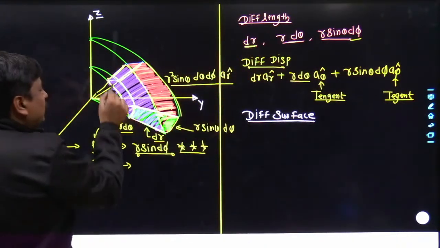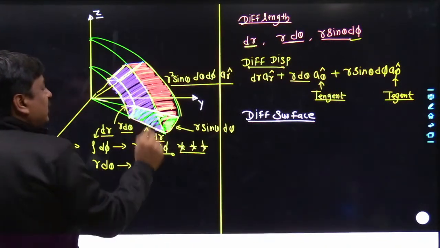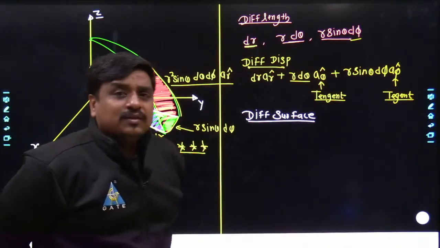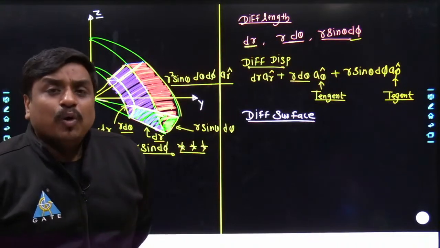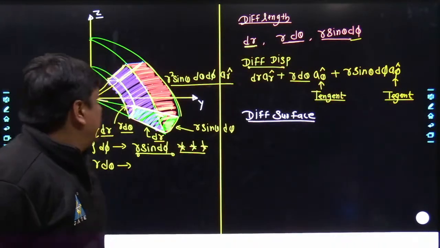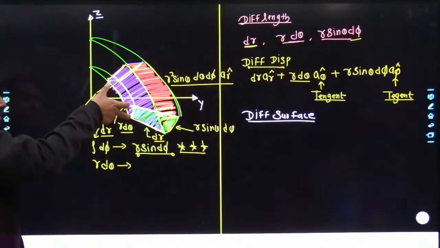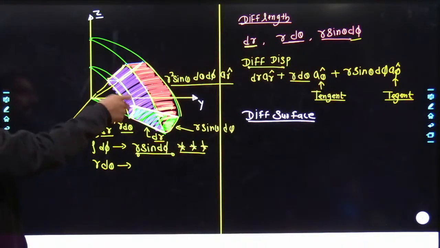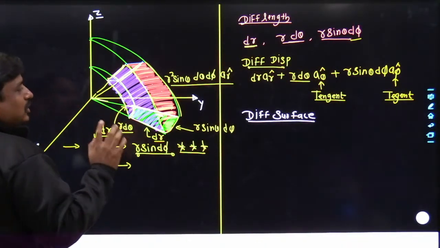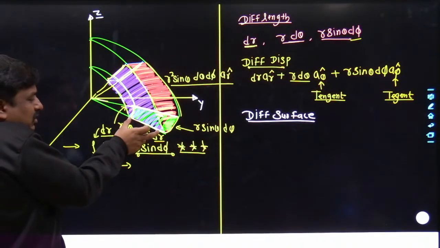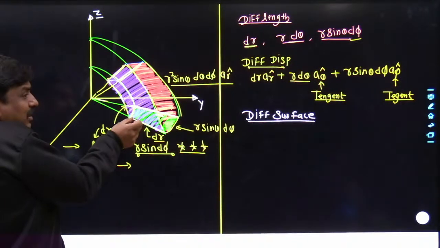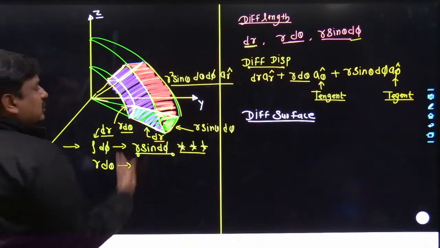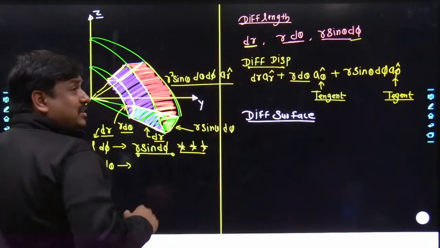You can take the reference of either of these differential lengths. And my dear friends, they are differentially small, or infinitely small. What does that mean? That means this length is such a small length, almost I can assume this contour is a type of straight line. Not only that, if you assume this is a very infinitely small differential length, again this contour can be taken as a straight line. And put together, the surface which you are forming over here is a type of rectangle.